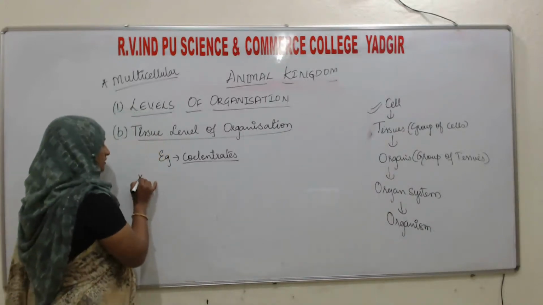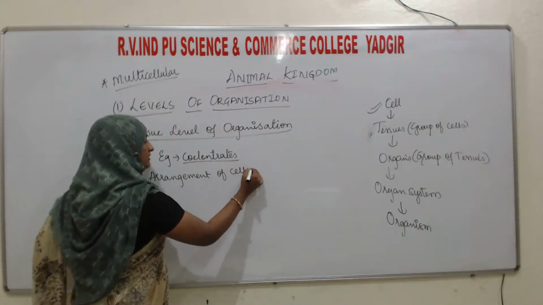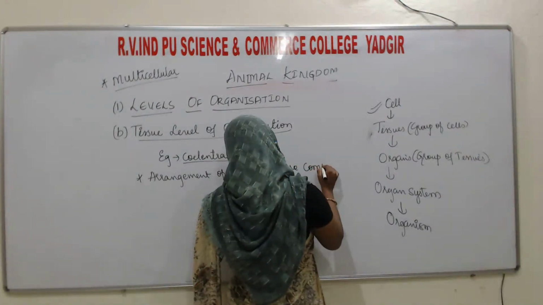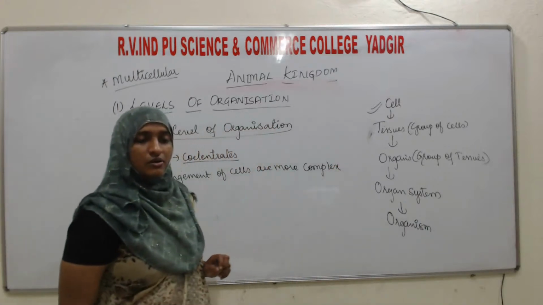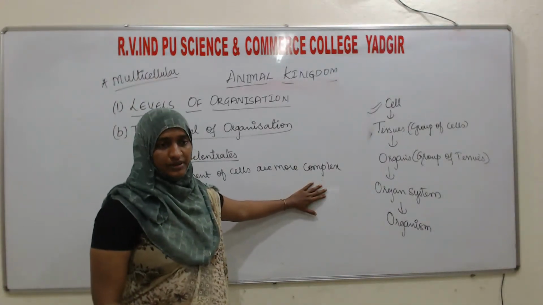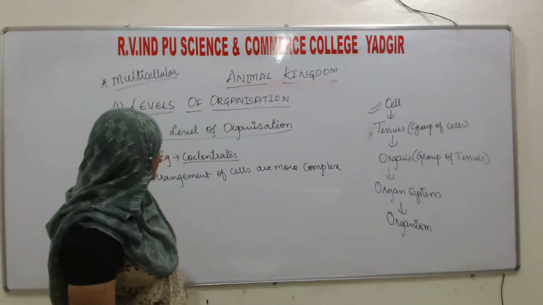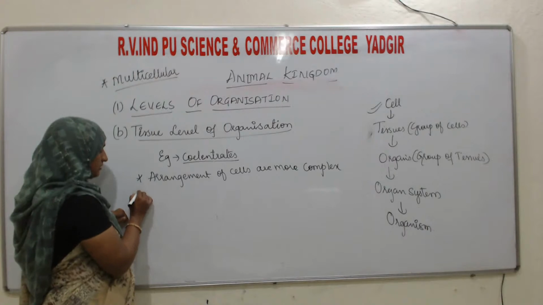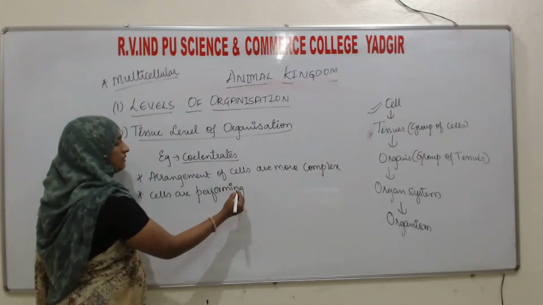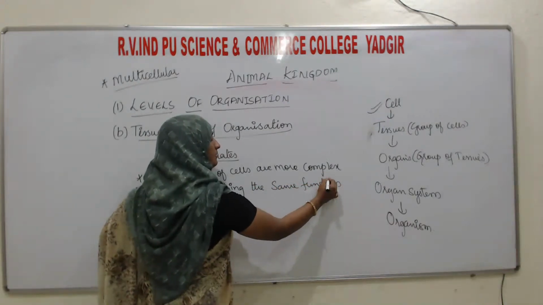First point: the arrangement of cells is more complex. As you studied in the cellular level of organization, the cells are just loosely arranged, but here it is somewhat more complex. The cells performing the same function are arranged more complexly.